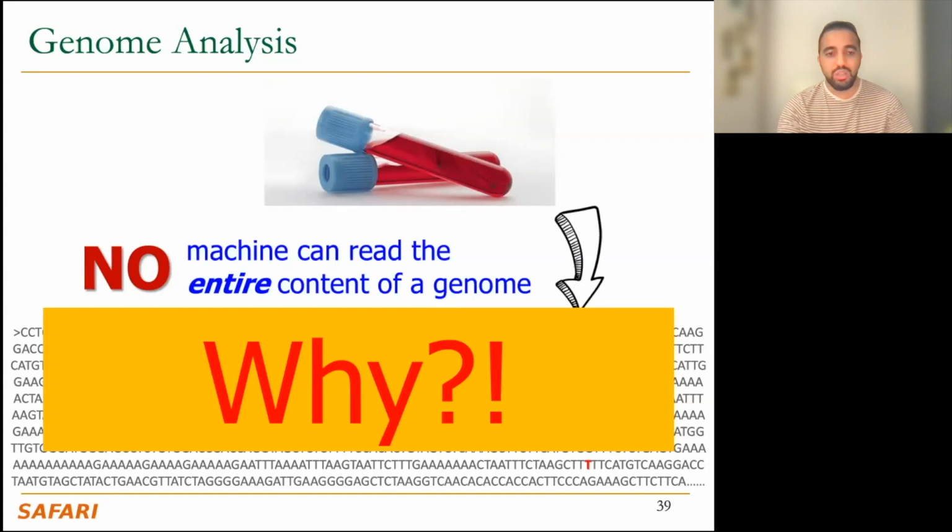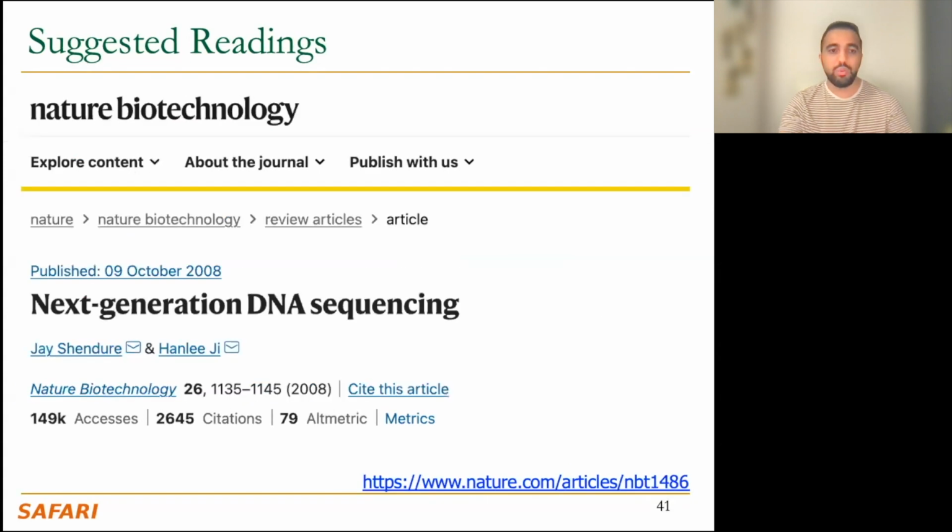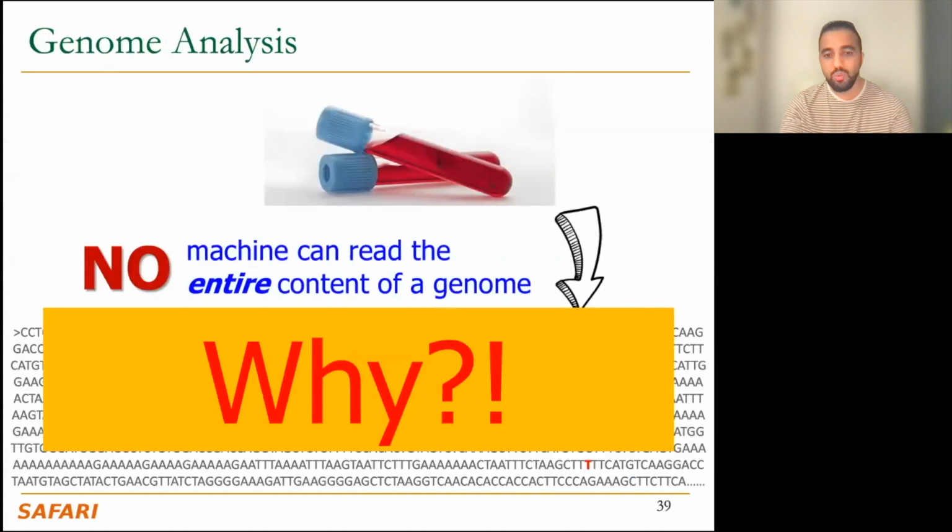Why is that? I will leave this as an open question to all of you, but you will find the answer in this paper and in the following paper as well. I recommend everyone go through these two papers, but just to give you a hint about the reason why, until now, with all the advancement in sequencing technology, we're still getting chunks of the DNA: we are trying to isolate the content of the cell or the blood or the sample you take from the genetic material.